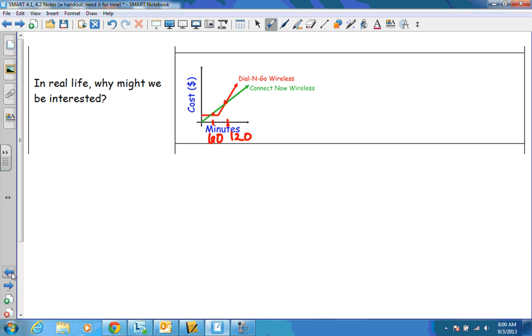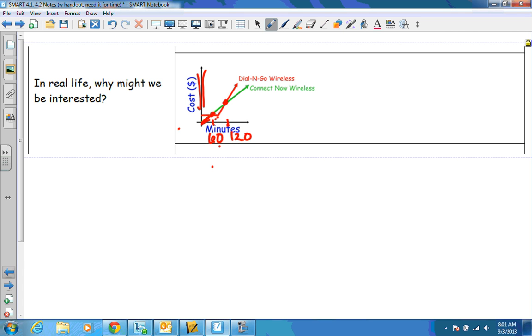So when we find where they intersect, right, we can see where they're going to switch from one being higher and one being lower, right? Yes. I like the green. So if I'm going to try to get a cheaper price, and if I only have like the 60 minutes that I talked or less, then this is cheaper down here with the connect now.